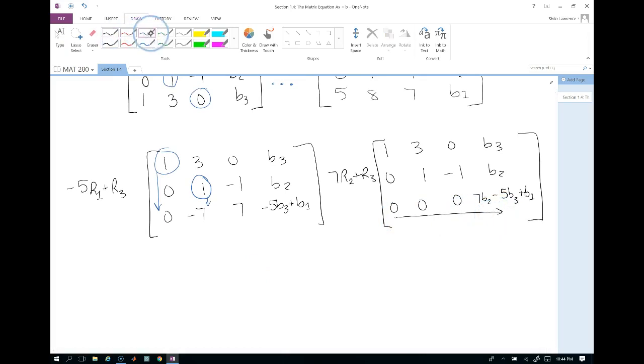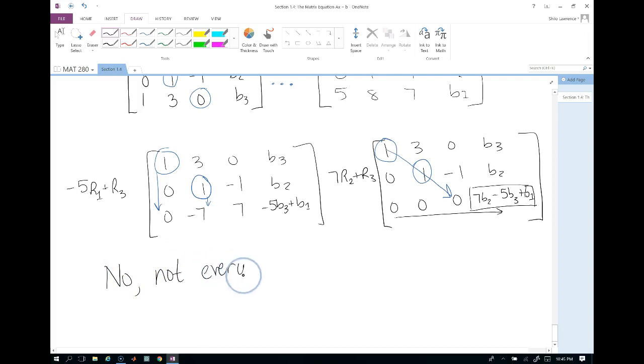We've got pivots exactly where we expect them in row 1 and row 2, but we don't have pivots along that nice diagonal, which is what we're looking for. So this system is only consistent if this value is 0. So we're going to say no, not every value of B will make the equation Ax equals b consistent.